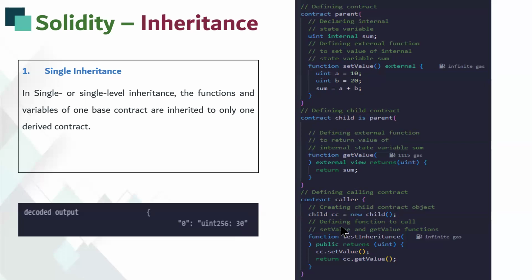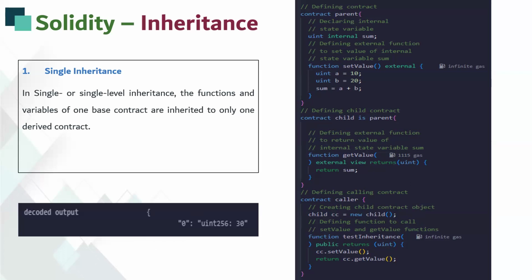Then we have a testInheritance function defined as a public function. It first calls the setValue function of the child contract to set the value of sum. Then it calls getValue to retrieve the value of sum and returns it. So this program showcases single inheritance in Solidity.